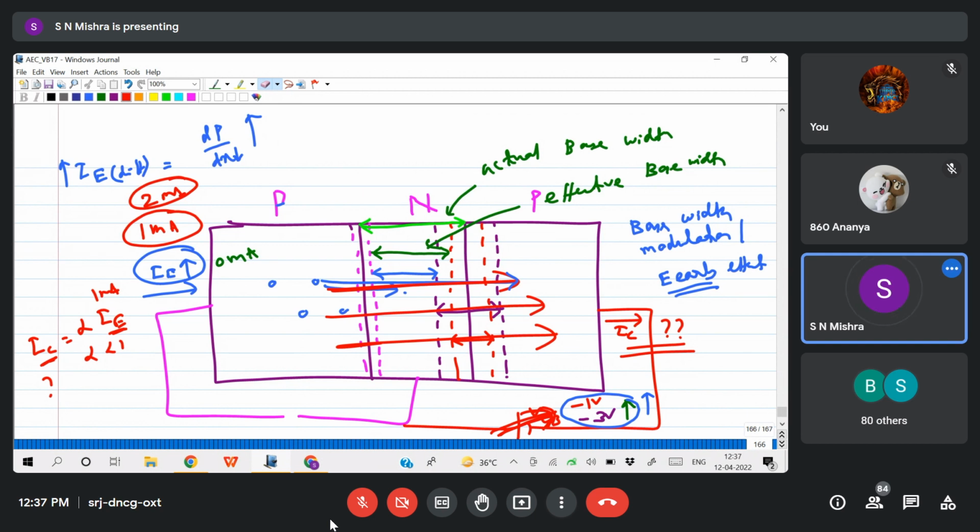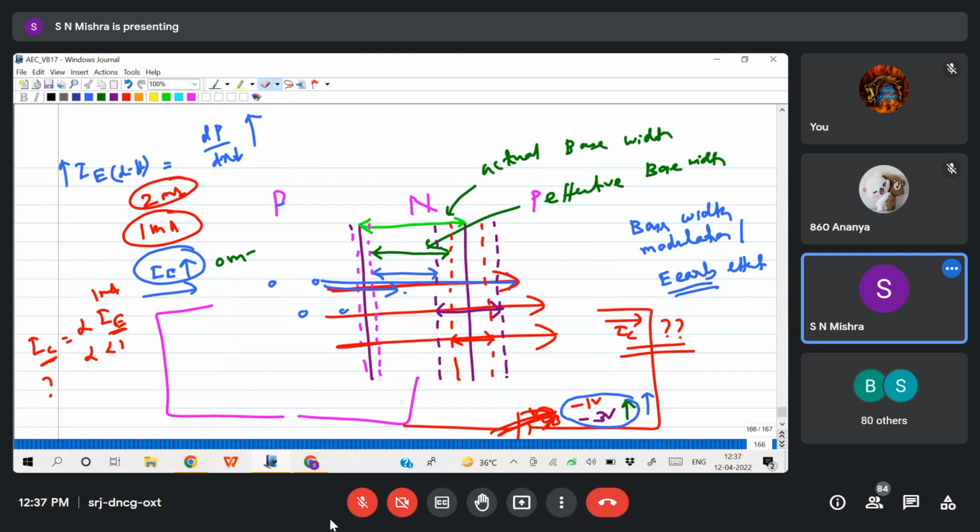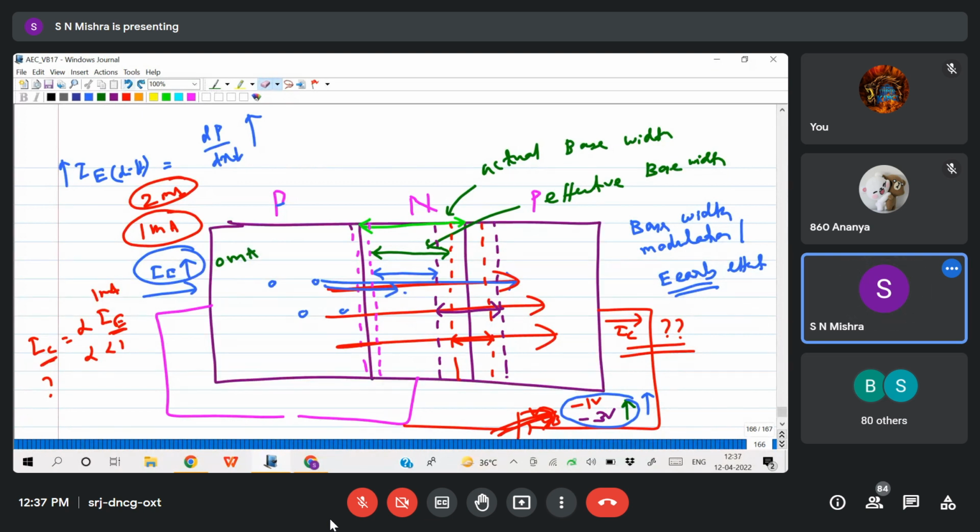How will I set IE to 0 milliampere? It will be open circuited. Yes, sir. Or negative, or rather I am not giving any positive voltage to this, then only I'll get 0 current in the emitter. And what about the collector base junction?